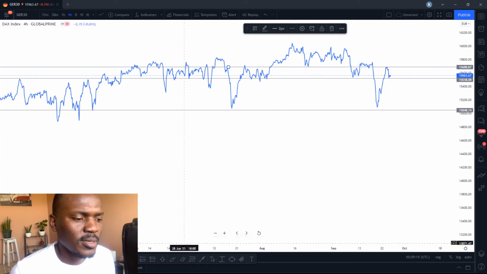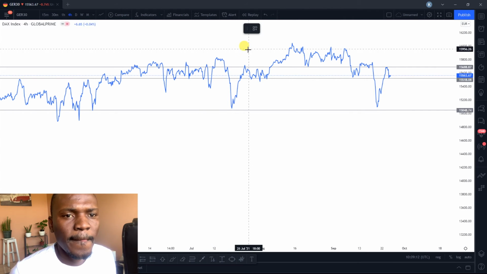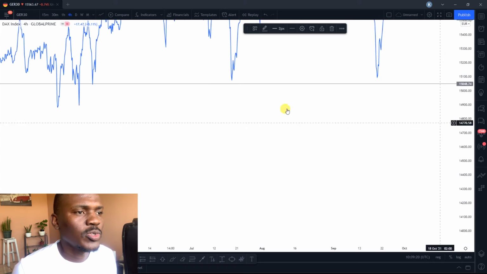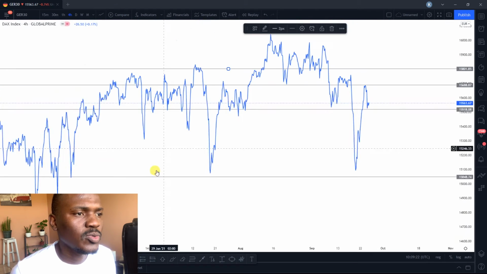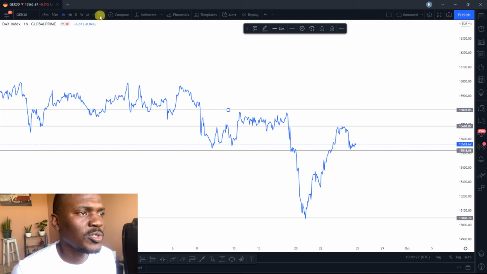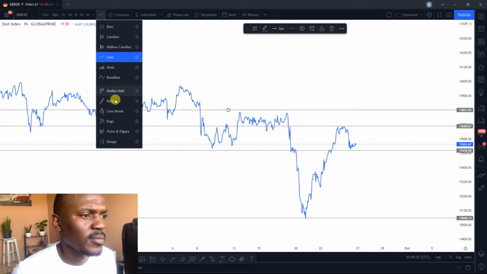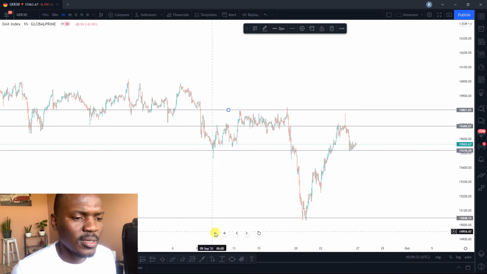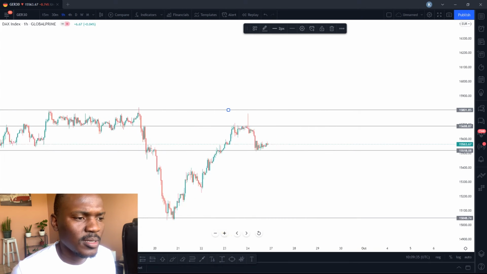There's another one that I see. Seeing another one here. Okay, so we're going to move down to a 1-hour chart, and then switch back to our candlesticks. Let me zoom this in.